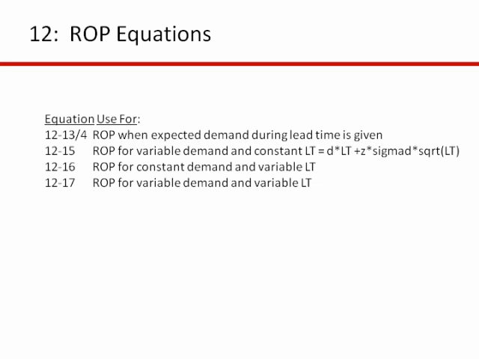That's equation 12-13. The reorder point part does have a lot of formulas, but you just need to really read the problem and see what you're given to select the appropriate formula to solve for either the safety stock or the reorder point.